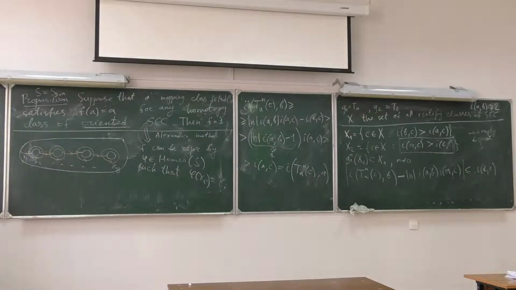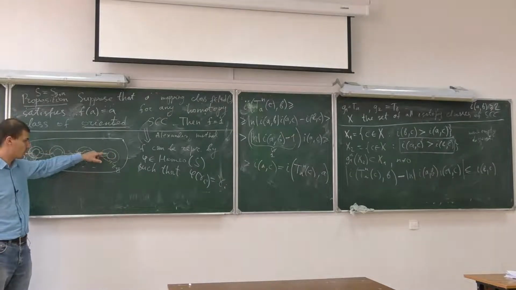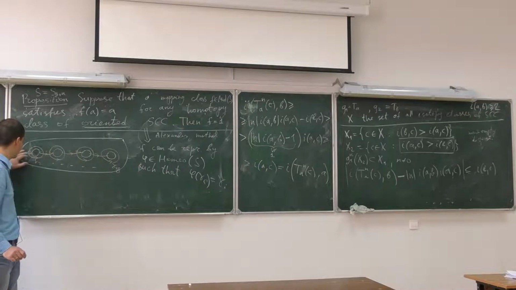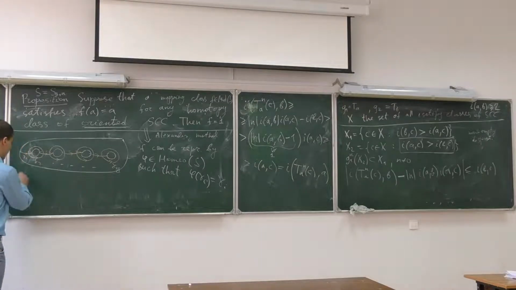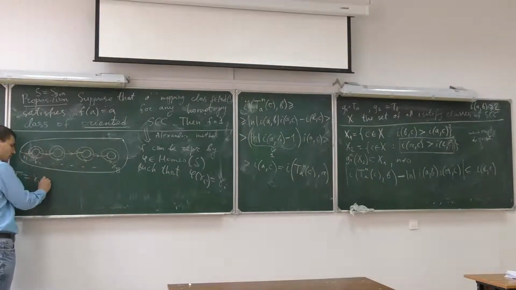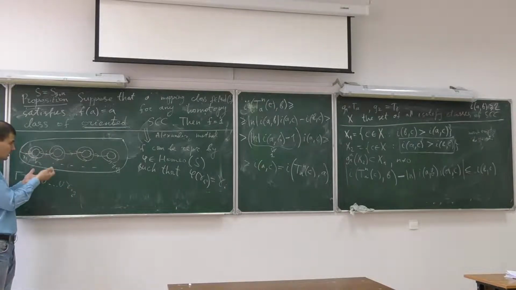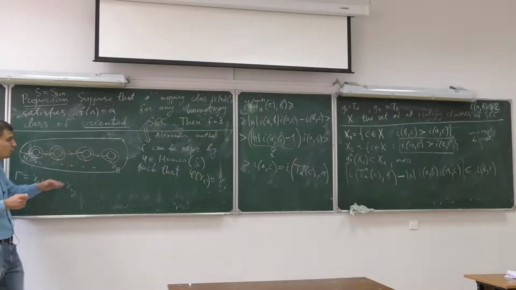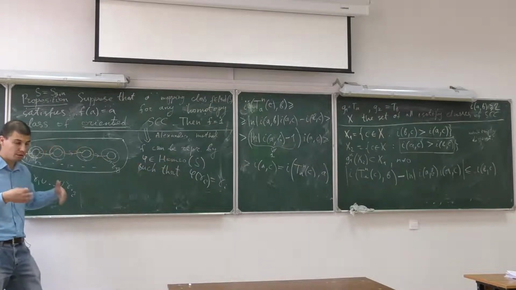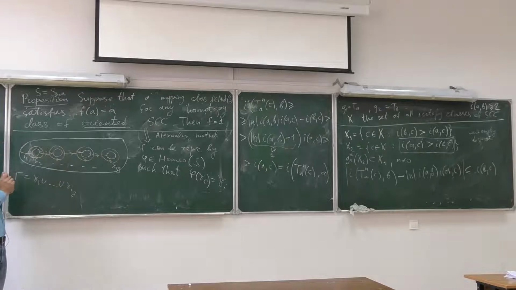I recall that, as in the previous lecture, we would like to consider the graph which is the union of these curves. Our homeomorphism may induce some automorphism of this graph.